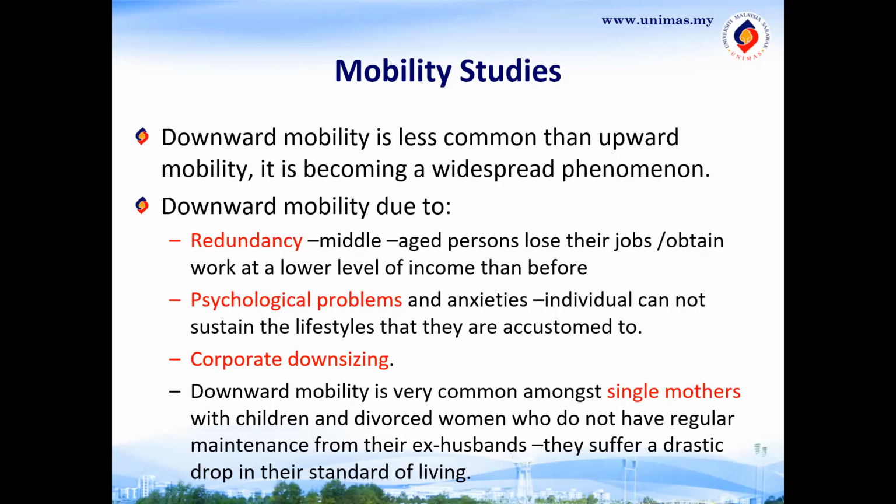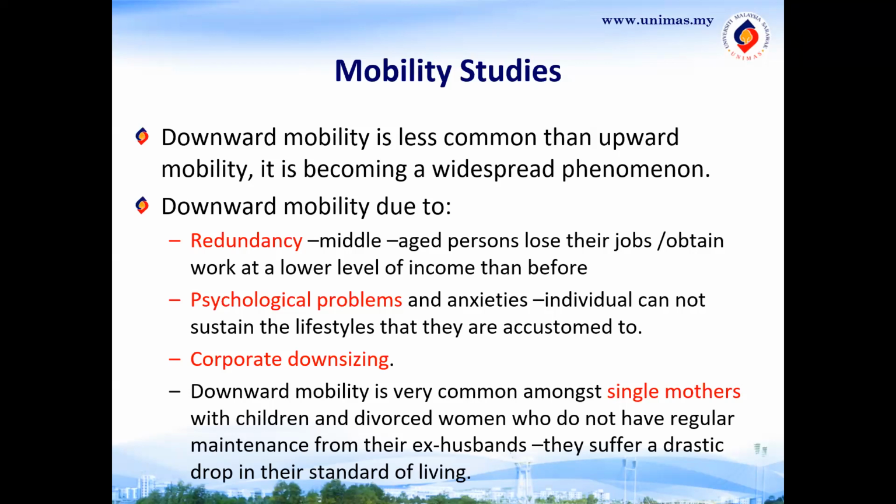Kerana kerjanya sama ataupun redundant. Ya. Some jobs are taken over by machines, for example. Ya. Jadi that's the kind of thing. Ya. Satu sebab mengapa downward mobility berlaku. Okay. Tidak mendapat peluang lah untuk bekerja dalam sektor di mana income-nya lebih tinggi.